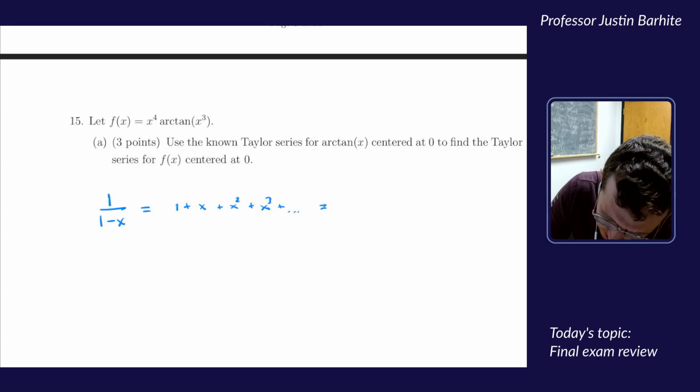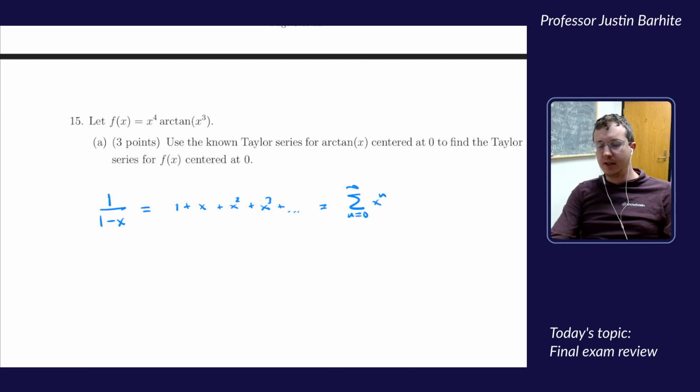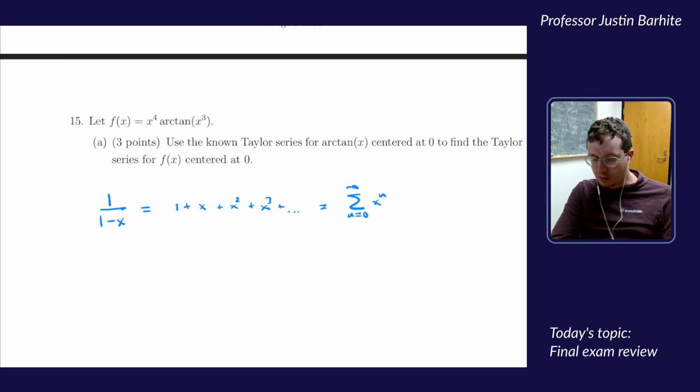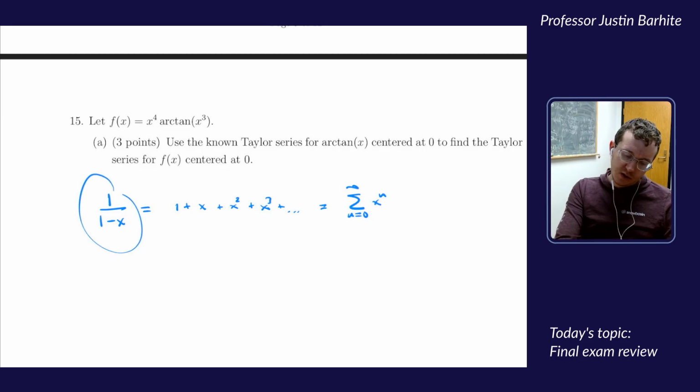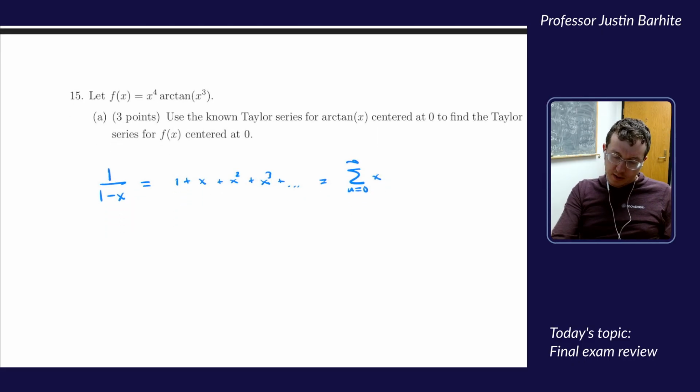Or in sigma notation, it's the sum from n equals 0 to infinity of x to the n. This is a geometric series, and if the absolute value of x is less than 1, then it converges to the initial term over 1 minus the common ratio. So that's what I do remember.